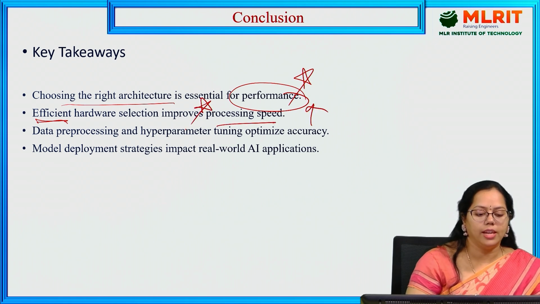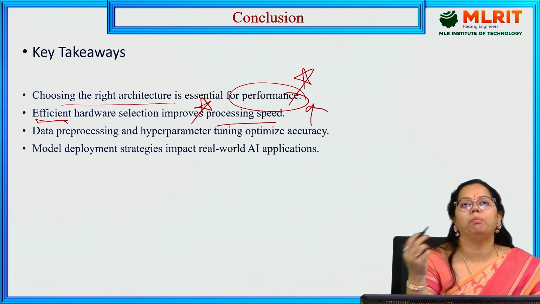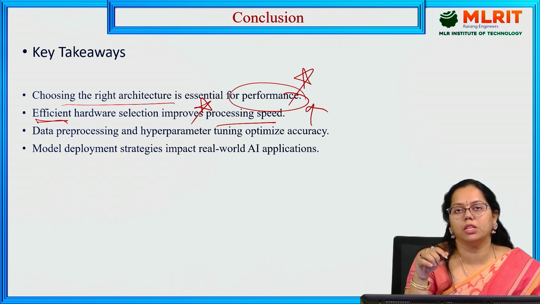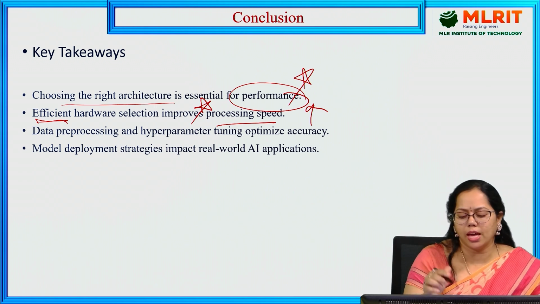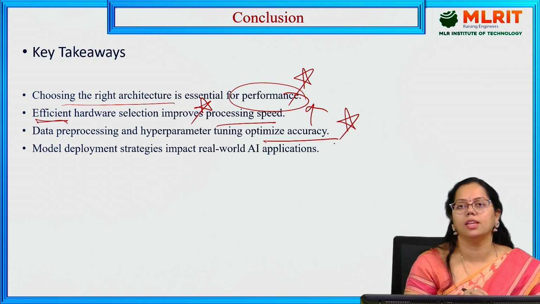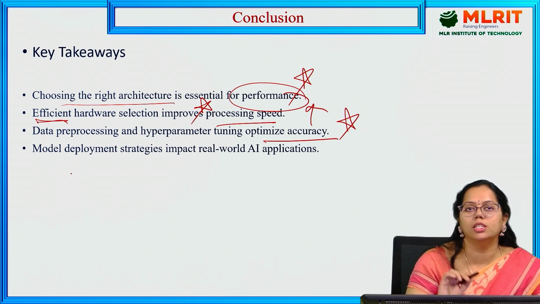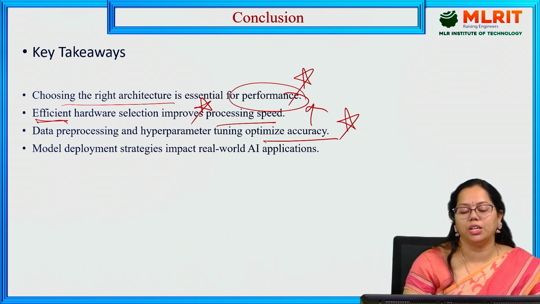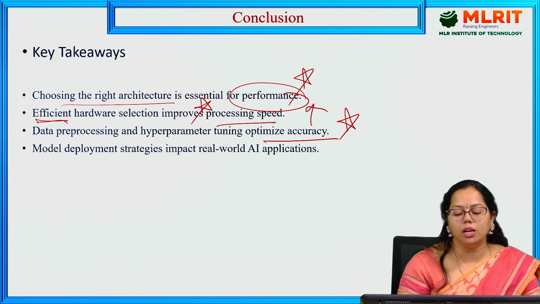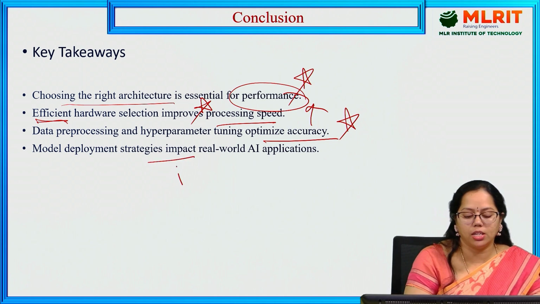Data pre-processing and hyperparameter tuning optimize accuracy. Next, the model is deployed based on a strategy which impacts real world AI applications.